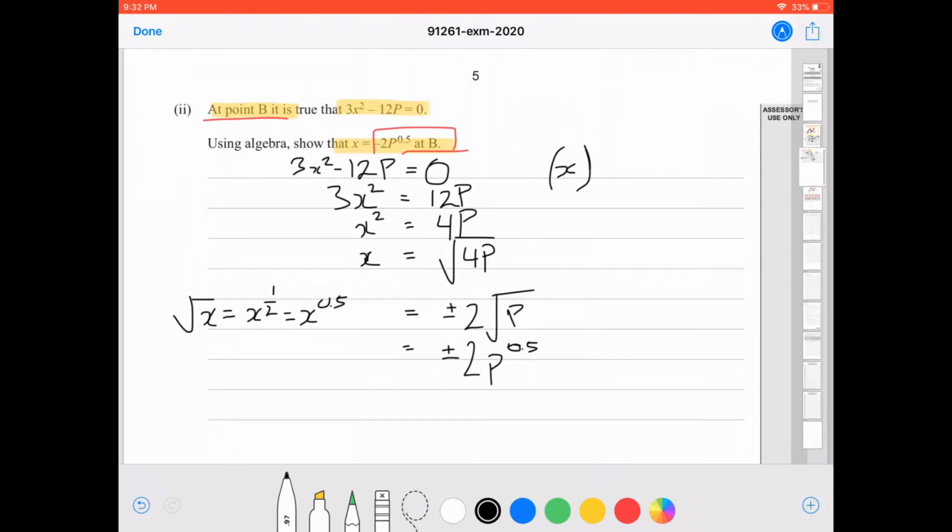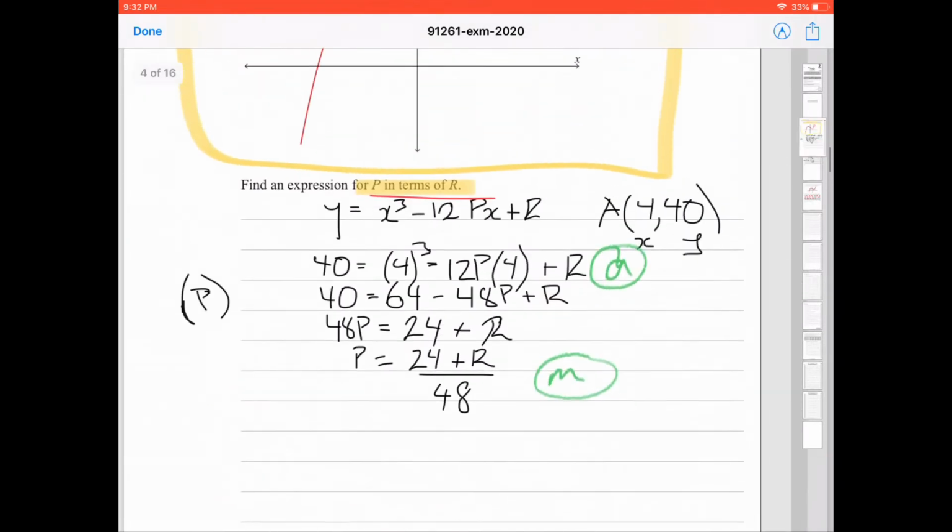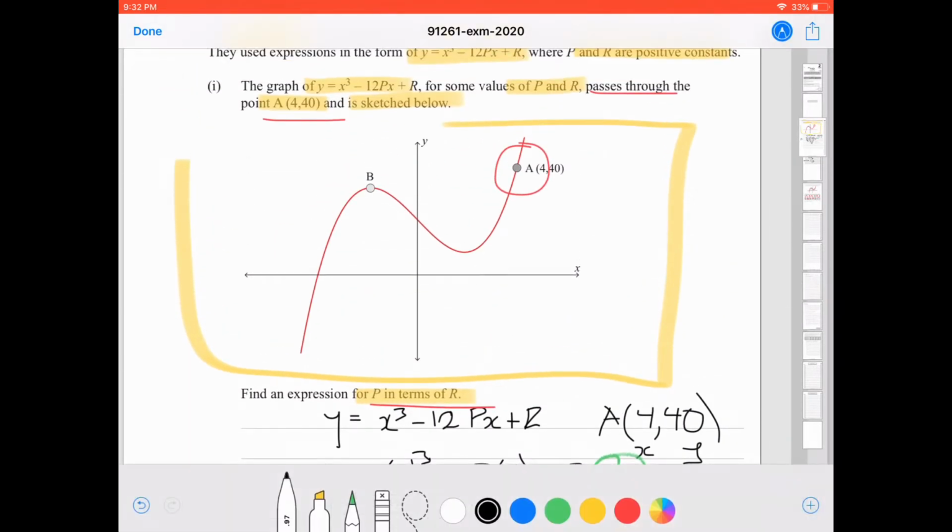So let's just look at our graph now. We go back up to our graph, and we see that B sits on the left side of the y-axis, meaning it is a negative x value. Okay, so all the values going this way are minus x, for example.